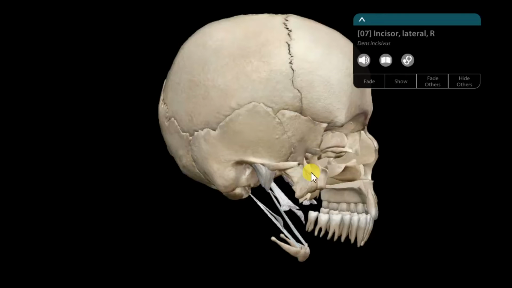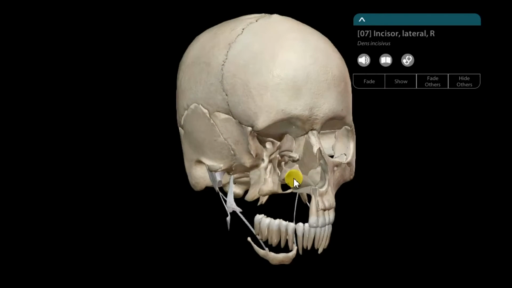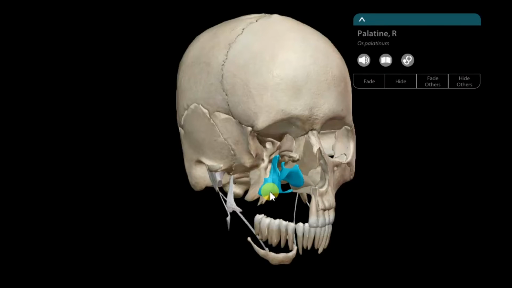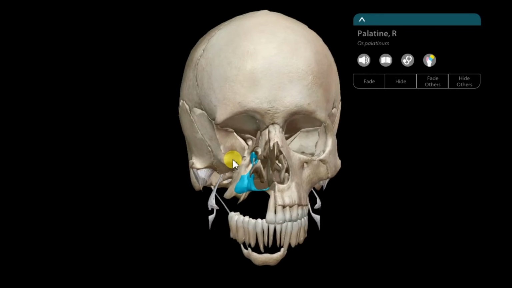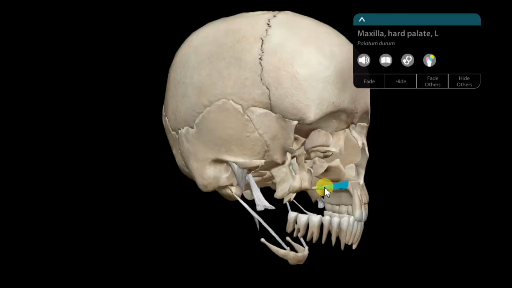This one is called the palatine bone. This one is the hard palate, and this is the palatine bone, and its articulation is with the sphenoid. But let's see the topography of the palatine very well.